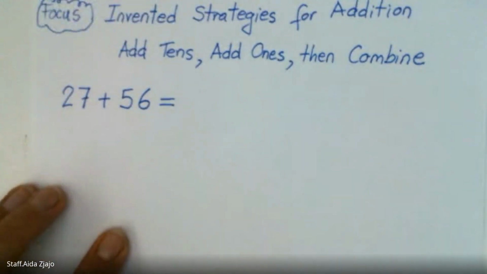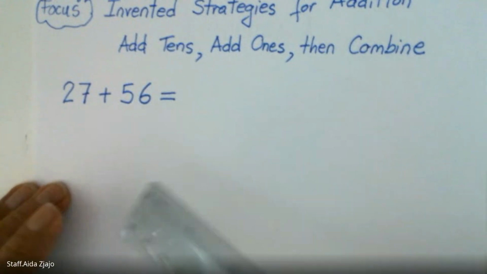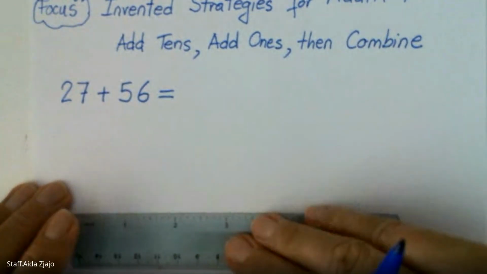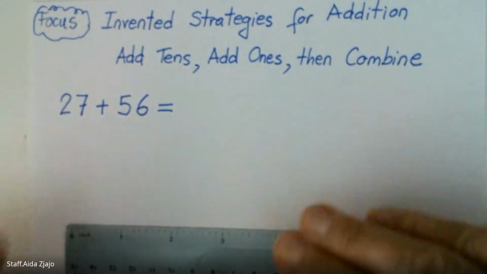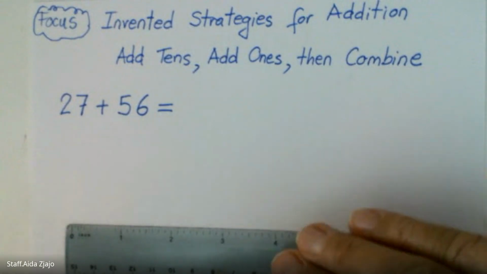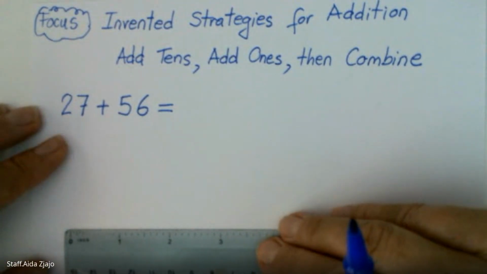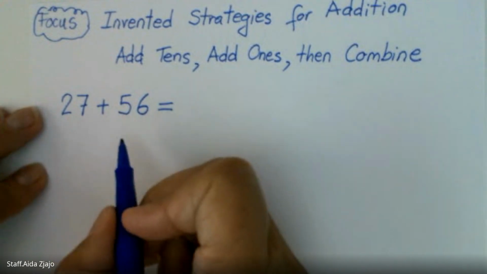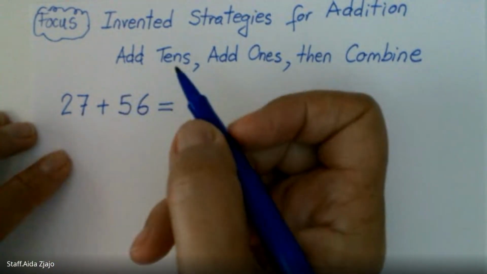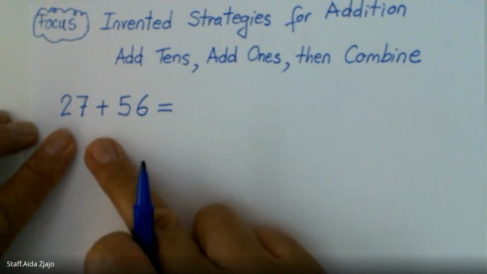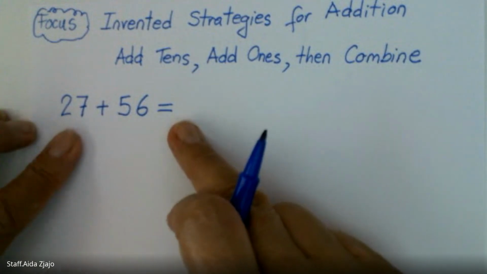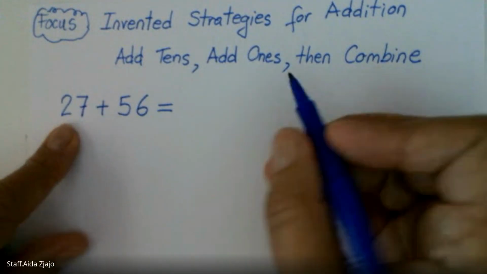This time I'm also going to use the number line, but I will check with the language. So I will use a slightly different strategy than before. Let's do that first. If I'm thinking of adding tens first, then ones, I can also use language to do so. So this is 2 tens.